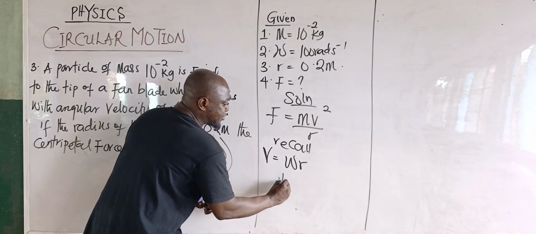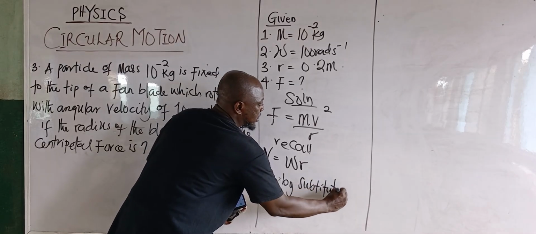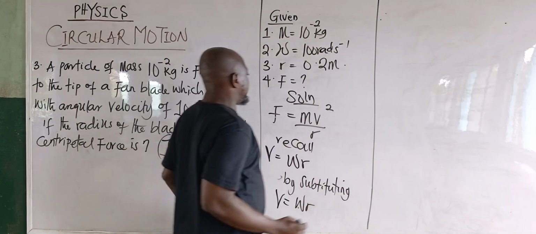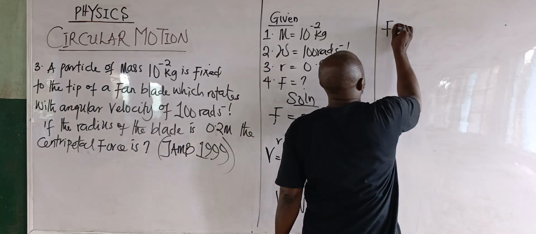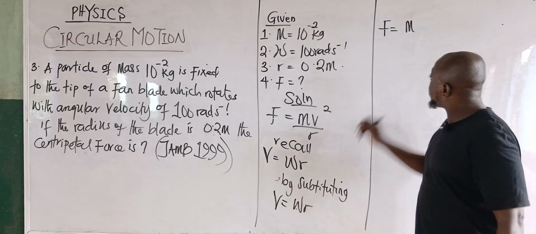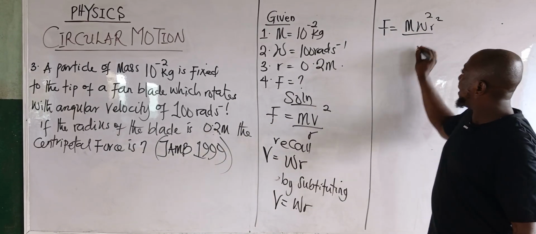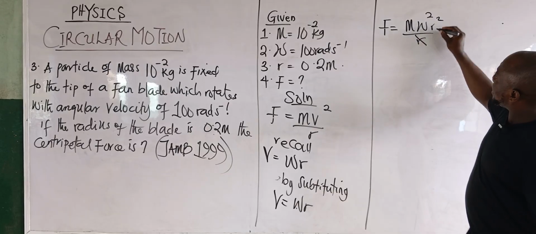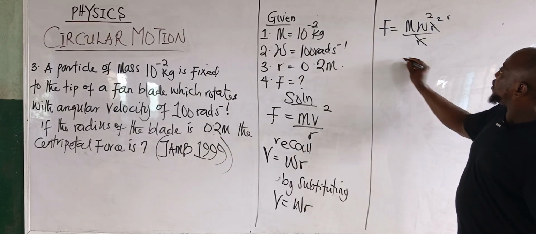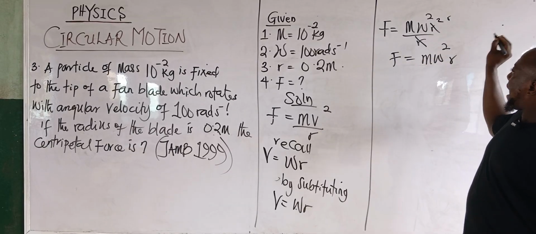So by substituting V equals omega R in this equation, F would give us m, and I will remove this V and put this. So we have omega squared R squared. Remember, we have R under here, so this R can take care of this R. So this R remains 1. So we now have that F becomes m omega squared R.